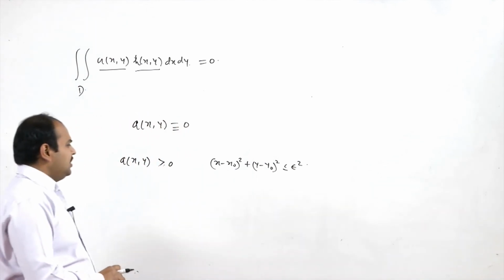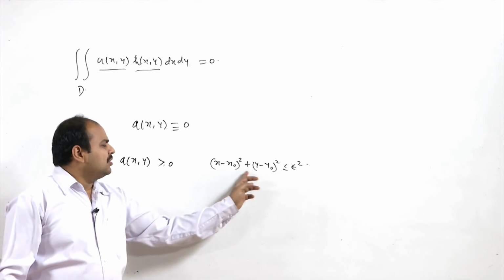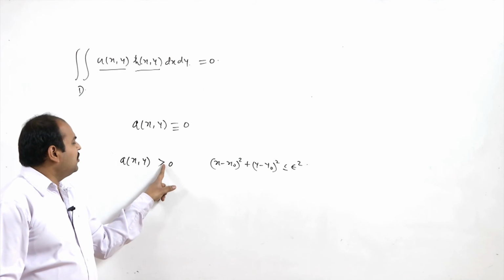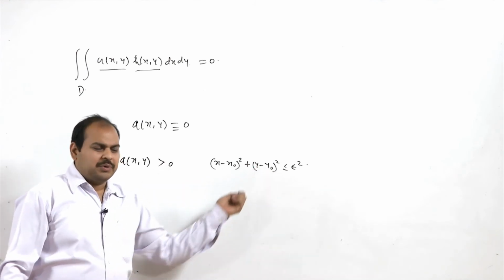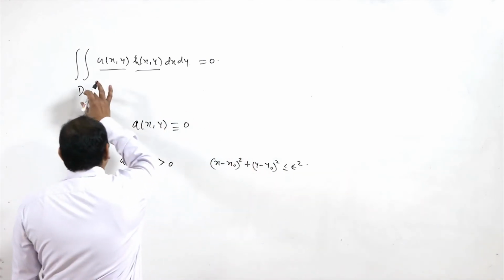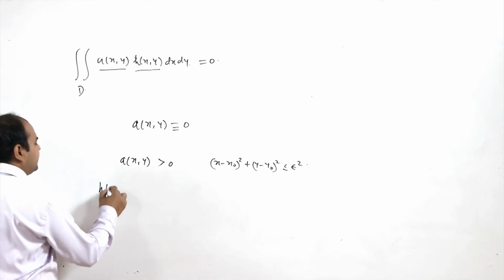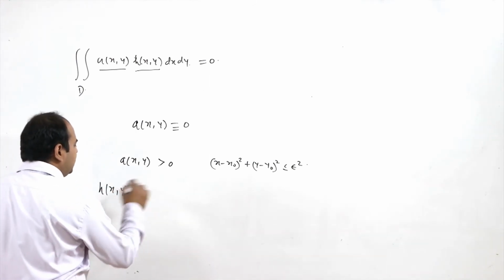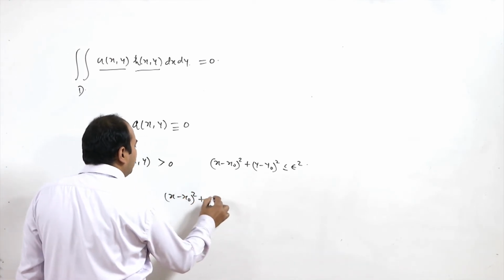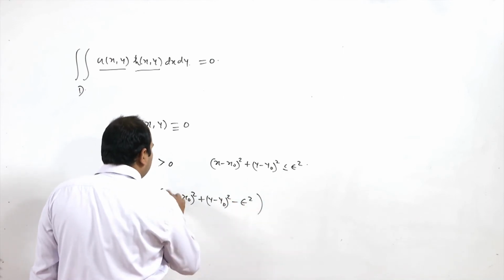Here we can take a closed ball around (x naught, y naught) with radius epsilon, and A(x,y) takes a positive value on this small domain, where epsilon is small enough such that this domain lies inside D. Now we can choose h(x,y) as ((x minus x naught) whole square plus (y minus y naught) whole square minus epsilon square) whole square.